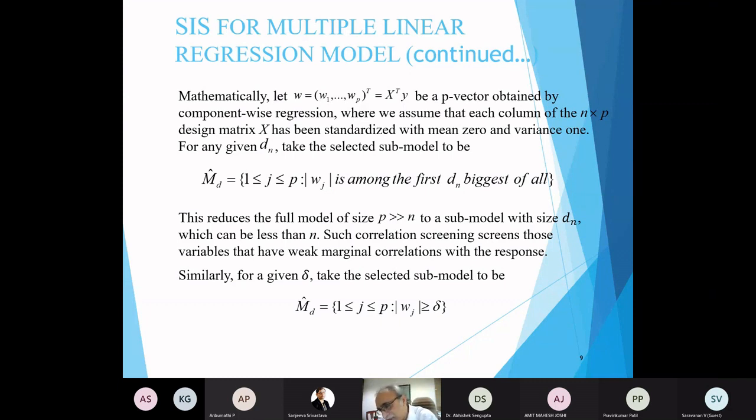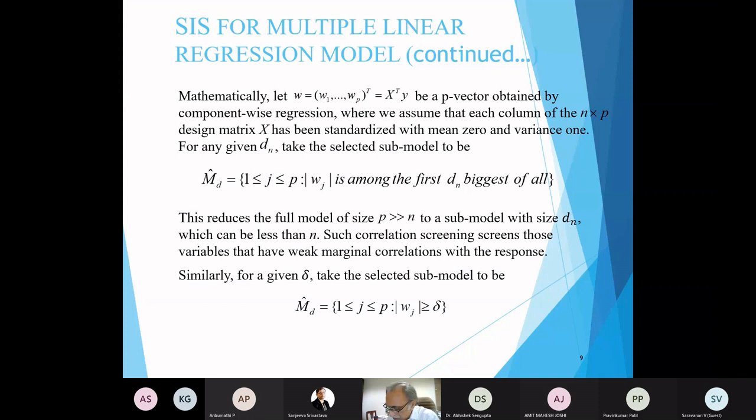Again, y is regressed on x2. You get the estimated value of beta 2. So in the first step you got the estimated value of beta 1, in the second step beta 2, because the data is provided to you. Likewise, you go on determining beta 1, beta 2, beta 3 up to beta 19,200. So you have 19,200 estimated values of betas.